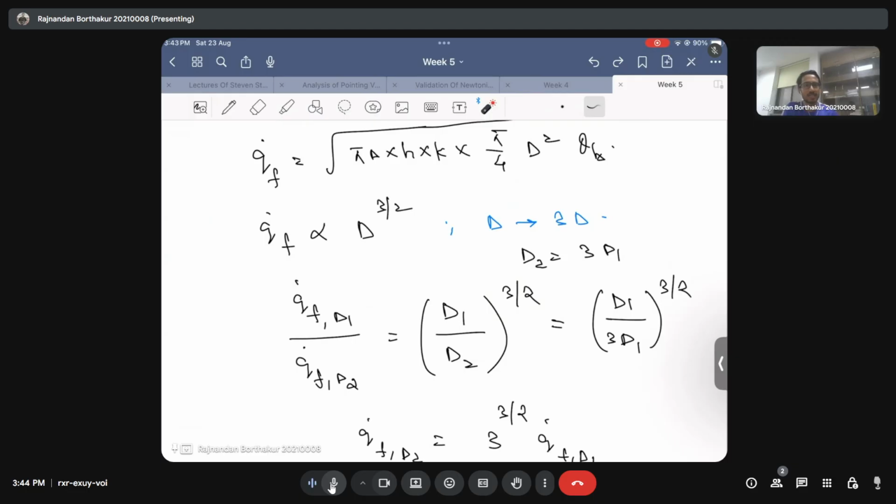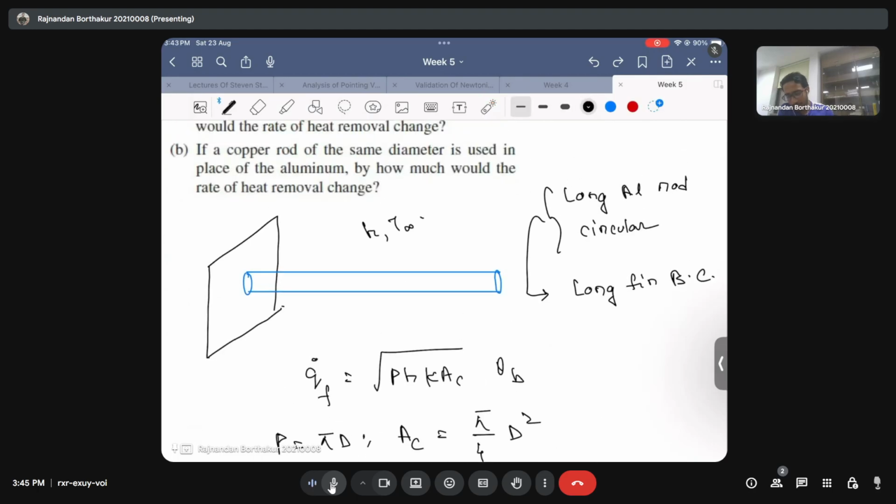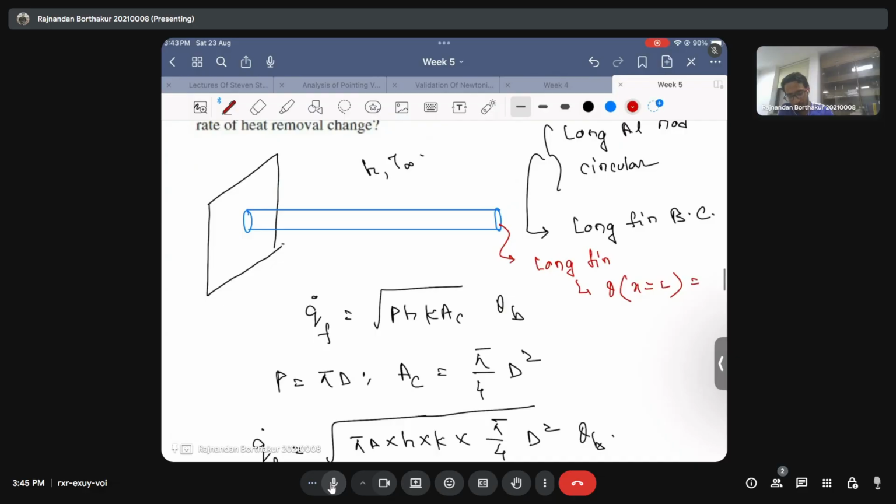So as I said, depending on the boundary condition that you apply on the tip, your rate of heat transfer from the fin would differ. And I hope you realize that when I say it's a long fin, I am just saying that my theta at x equal to L, when L tends to infinity, is equal to theta infinity, which is just T infinity minus T infinity, which is 0 basically.